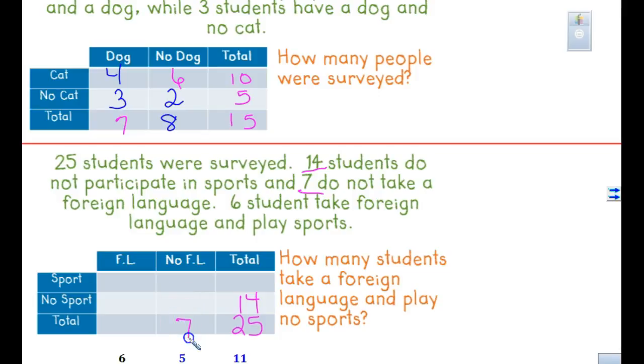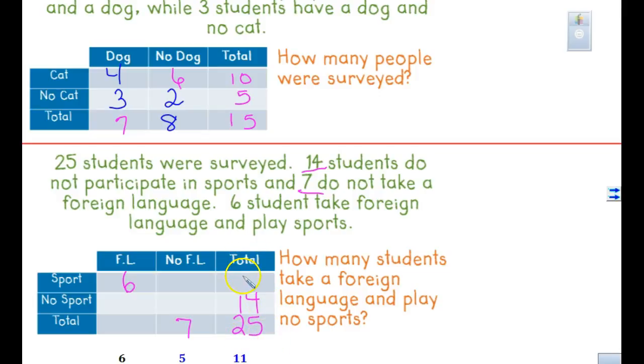I think total no foreign language is what we want to be thinking instead. Is 7. Okay. So our last 6, Abby, where are you putting it? In the foreign language and sport. Foreign language and sports.